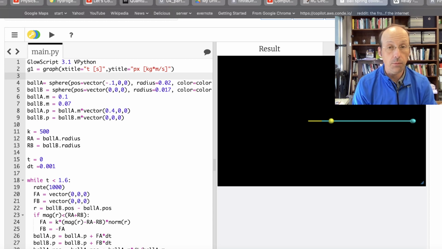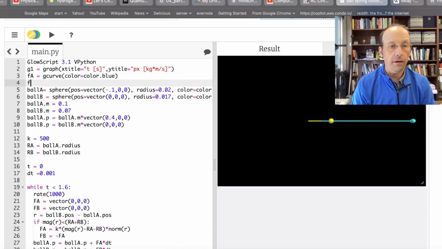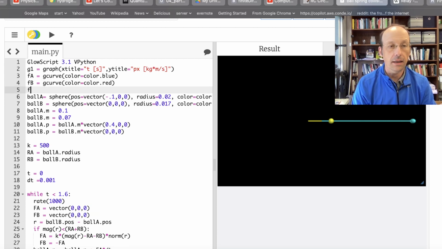And then we'll do FA equals gcurve, color equals color dot blue, FB equals gcurve, color equals color dot red, and then FT for the total is just, it'll be black, gcurve.